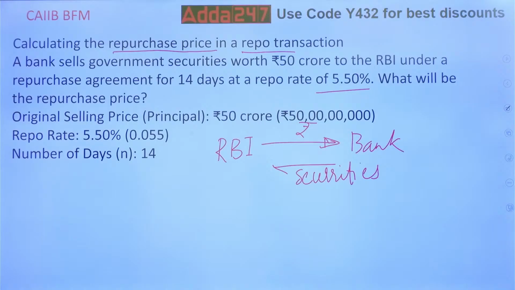Very simple. What do you do first? First find out the interest. How to find out the interest? Interest is simply PNR upon 100. Okay, let me show you.